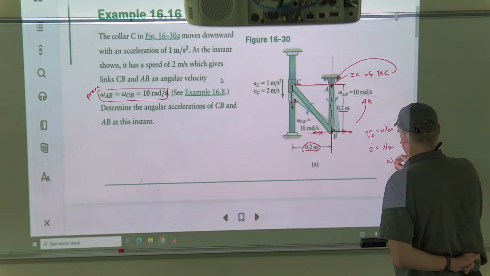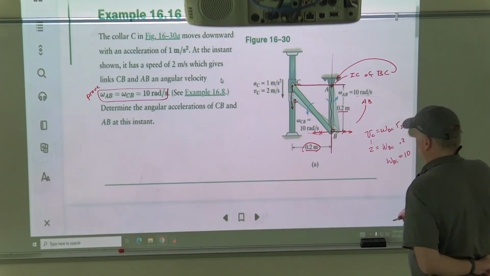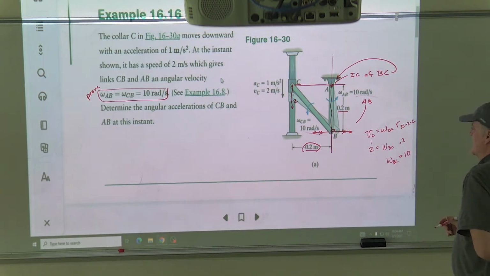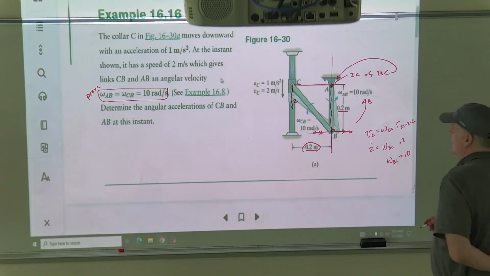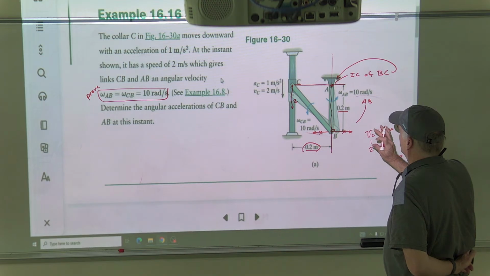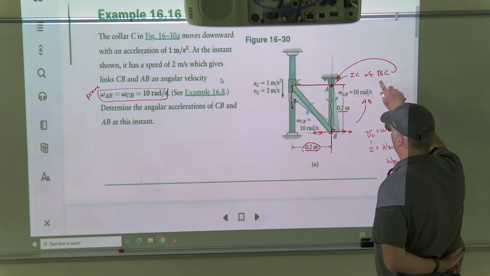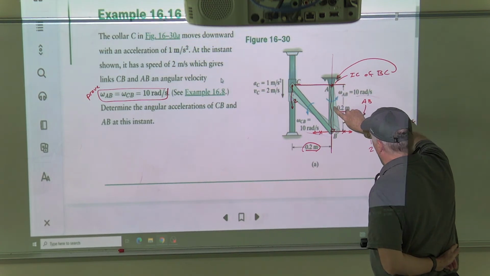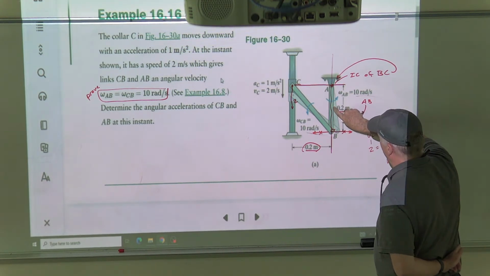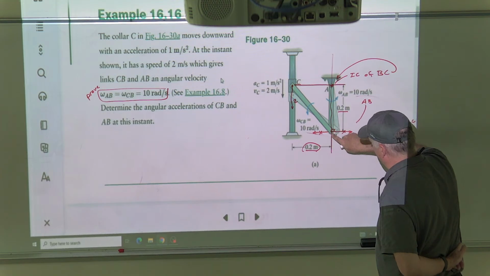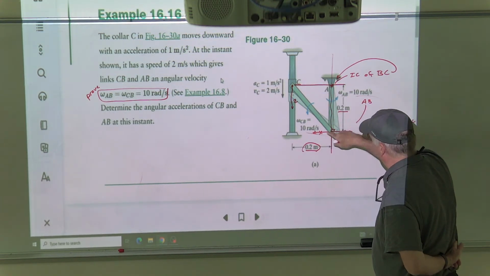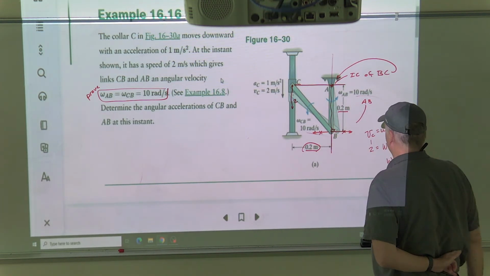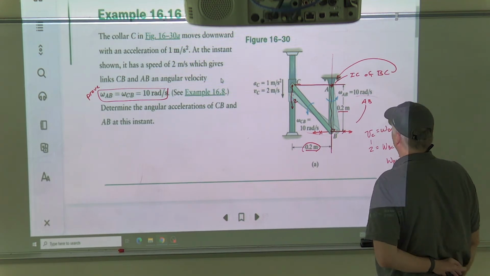You divide this out, omega BC is equal to 10. And we're okay with that. If that's the case, it's kind of weird that the instant center of this rod sits at the instant center of this rod. That's only because this is the same length as that, and this thing is at 45 degrees and several geometries here.